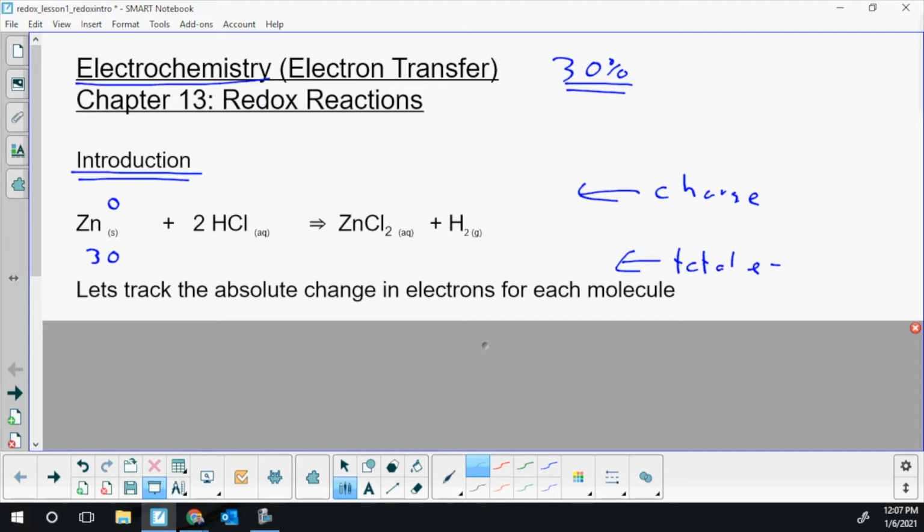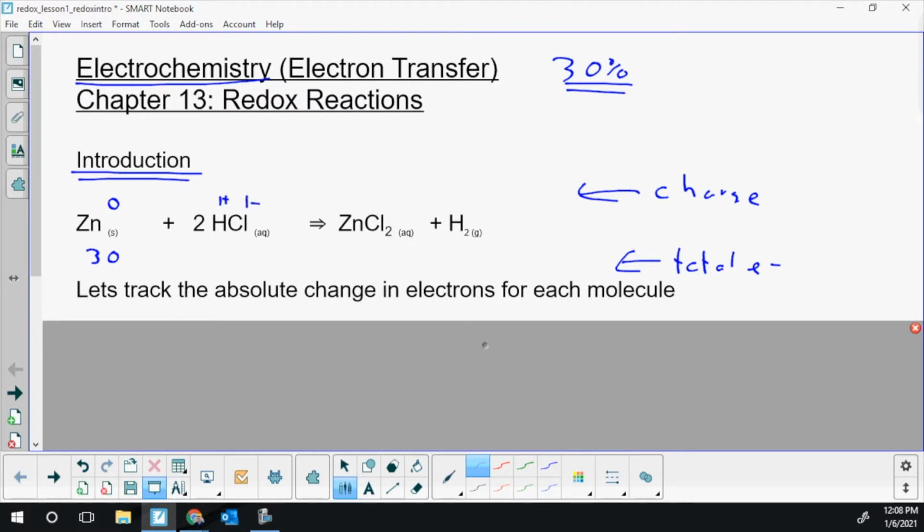If we look at HCl, okay, that HCl is a compound that is pretty close to being ionic, and I'm going to treat it as ionic, with that H being a 1 plus, and a chloride 1 minus.